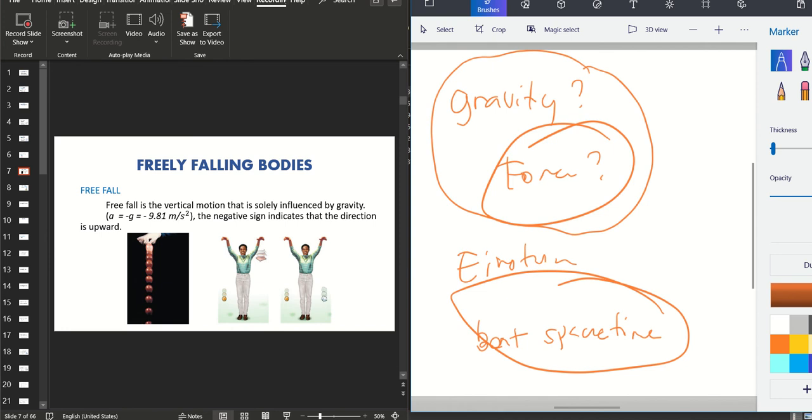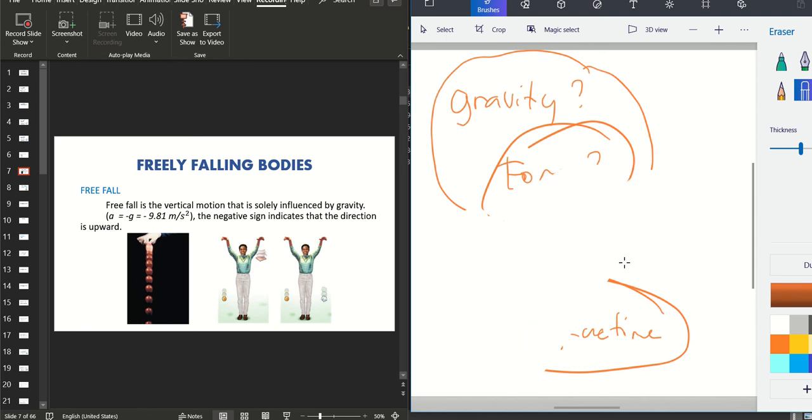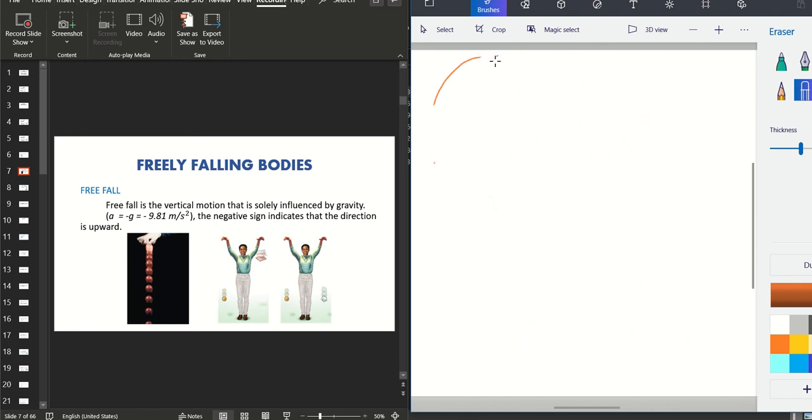Probably, kapag tumanda na yung panahon, nag-advance na yung science, baka hindi na si Newton ang famous, kundi si Einstein na, kasi they proved that gravity is not really a force, but a bent space-time. So, yeah. Anyways, kaya nga law, so ito muna yung susundin natin.